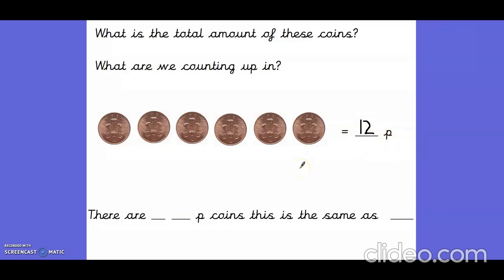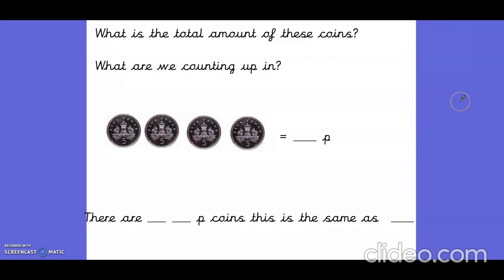Well done, or 12 pence. So there are 1, 2, 3, 4, 5, 6 2p coins. This is the same as 12 pence. Don't forget that pence symbol at the end. That's really important.